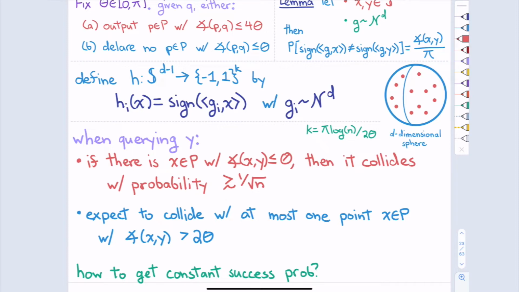How can I ramp this up? Yeah, how many times to get constant probability of success? Or high probability, anything's fine.